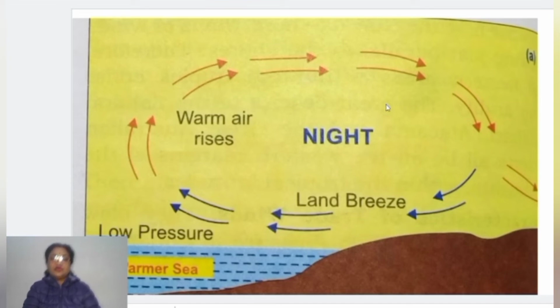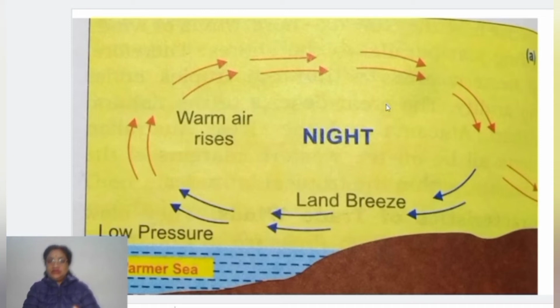Same way, the land and sea breeze blow during the daytime and the night time. The land breeze blows during the night time, and the sea breeze blows during the daytime. Same way the monsoons also do. So these winds can be called periodic winds.